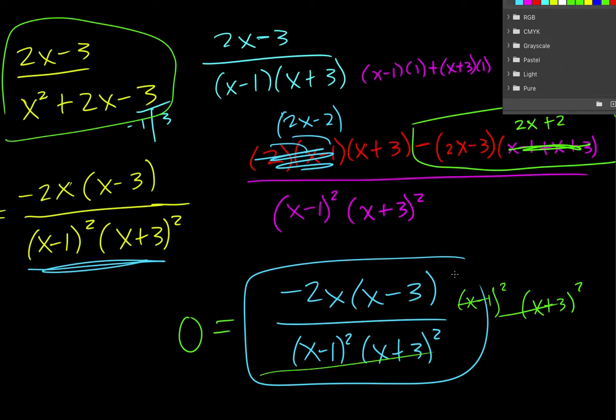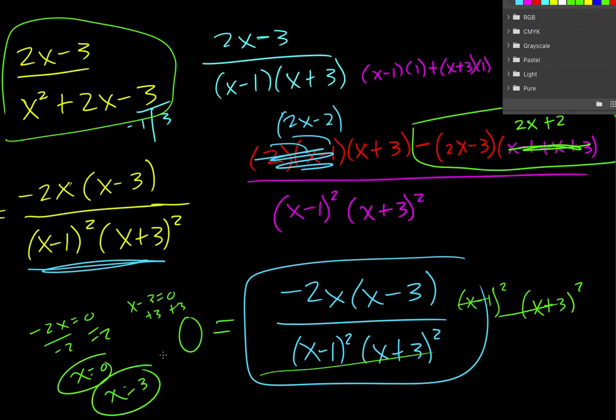And so we're really just left with something pretty simple. We have negative 2x equals 0. And then we also have x minus 3 equals 0. And so we add 3 to both sides and divide by negative 2. And so we get x equals 0 and x equals 3.